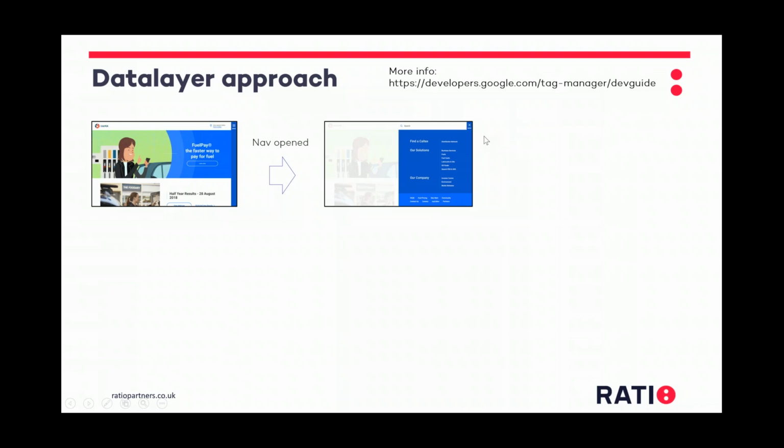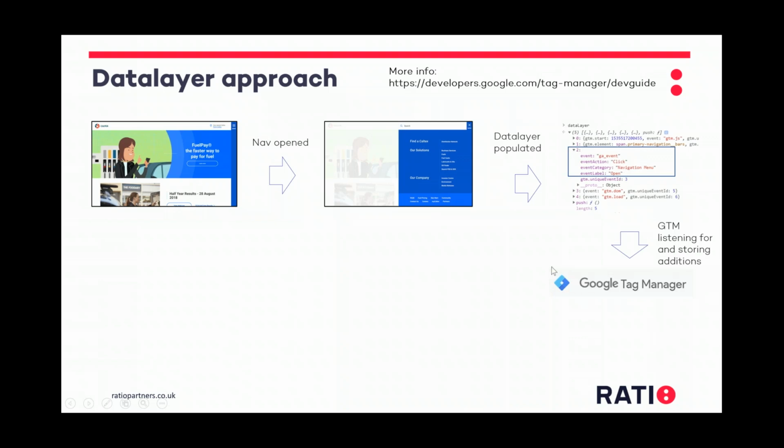And then there's this kind of object that's sitting on the page, hidden to the user, that's storing information about who they are, what the page is about, and what interactions they're making with the page. So in this instance, the developer has implemented some code such that when someone opens the navigation menu, it populates this information to the data layer saying, well, it was a click on the navigation menu with a label of open.